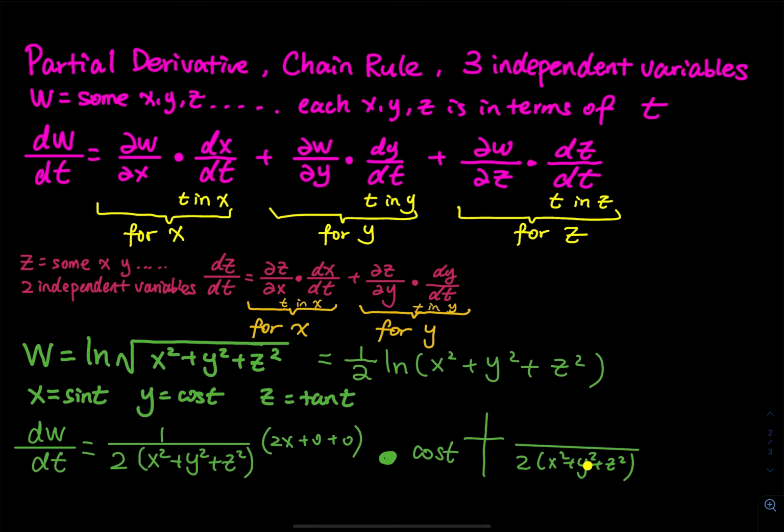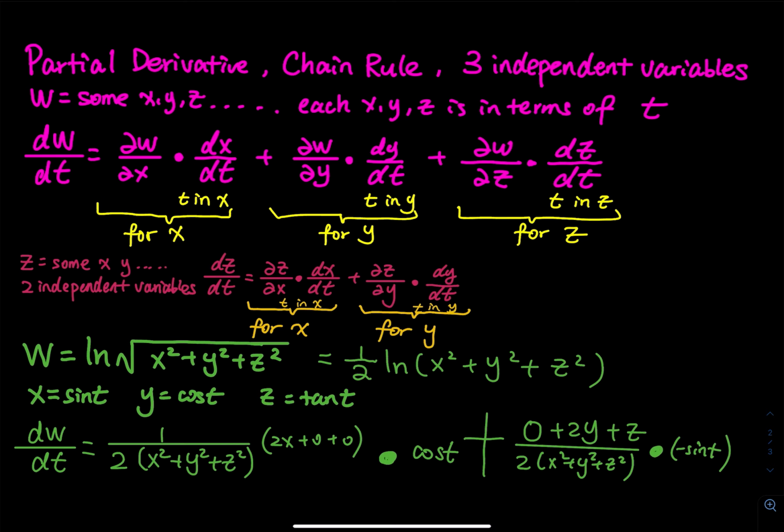So the derivative of y squared is 2y. This is a 0. This is a 0. You know what? You can just write 0 for the derivative of x squared, and then for y, and then for z, so you can save a little bit of space. Then you multiply. Now we are doing this, dy dt. Derivative of y, which is cosine, is negative sine, so negative sine of t.